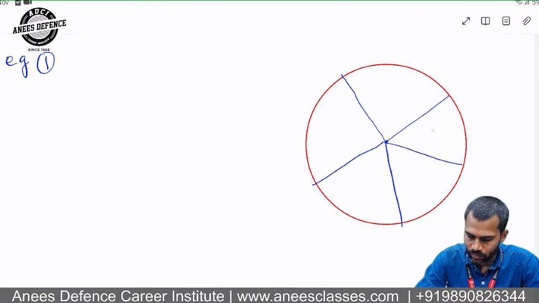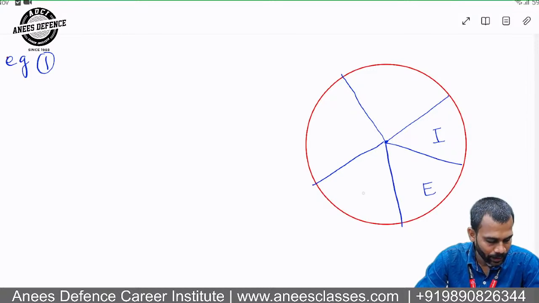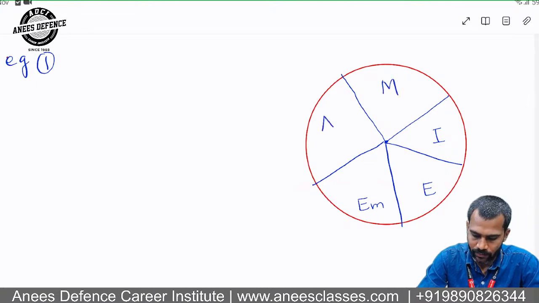So suppose this is I, this is E. I'll tell you what it means. And this is EM, this is M, and this one is A.